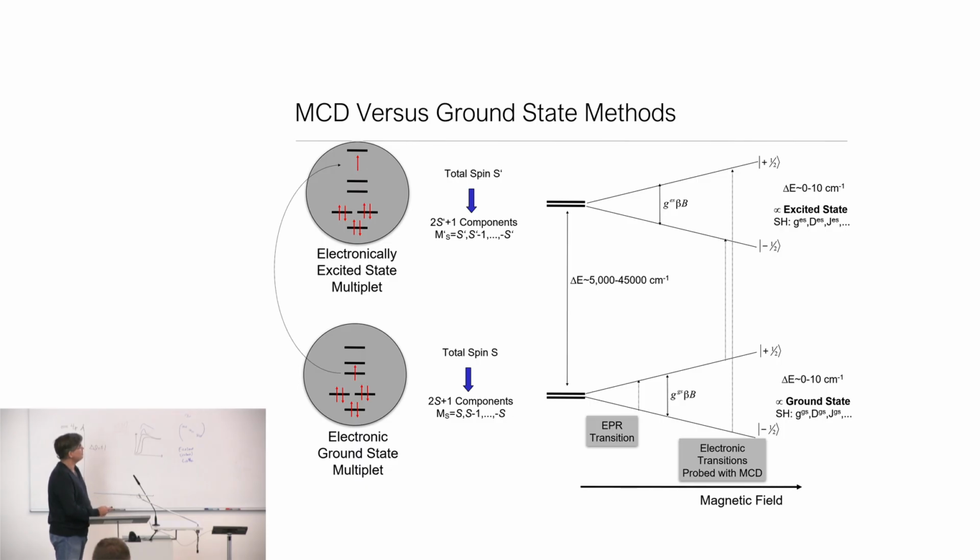But now, of course, once you start splitting these levels here, then you're getting new effects. And so you can think of the MCD as bridging between absorption spectroscopy, EPR spectroscopy, and in particular magnetic susceptibility.